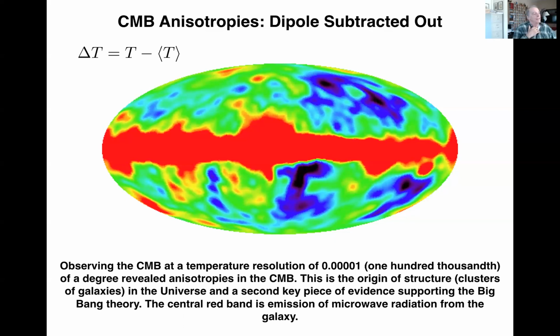And then the actual temperature at a particular point in the sky, minus the average temperature, is what that delta T is. And we're talking about a difference in 100,000ths of a degree. Okay, that's the kind of differences we're talking about. But they're there.